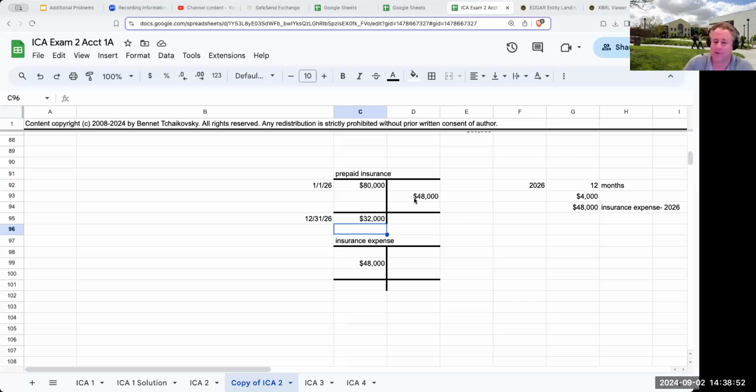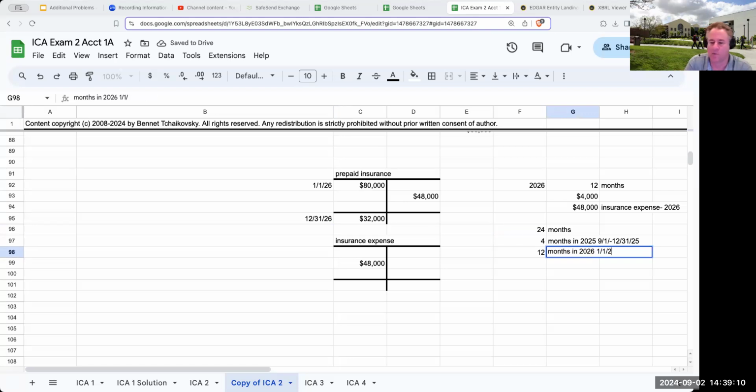Is that right? Well, the policy had 24 months. I used 4 months in 2025, or 9/1 through 12/31/25. I used 12 months in 2026, or from 1/1/26 to 12/31/26. So over here, I have 8 months left.